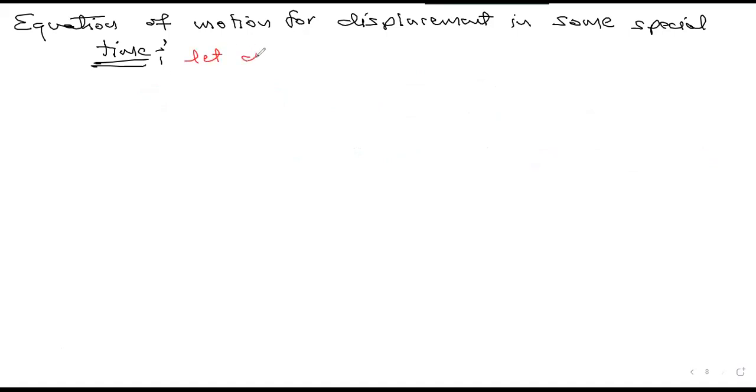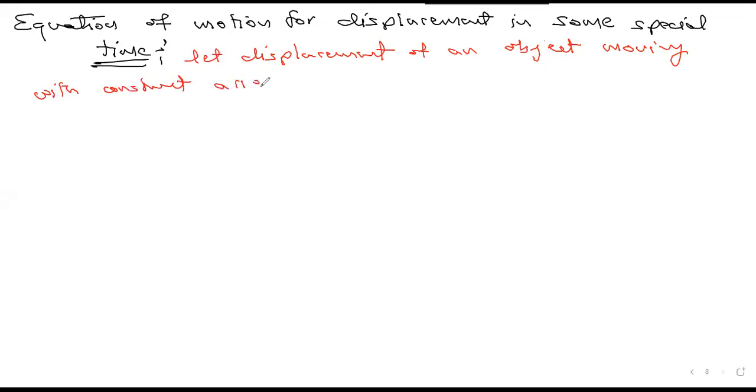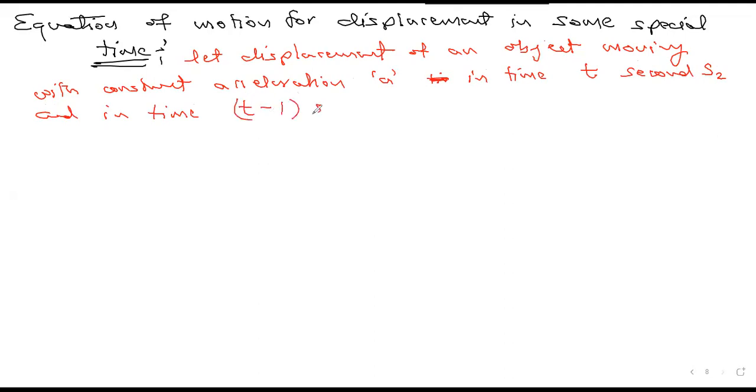Let displacement of an object moving with constant acceleration a in time t second is s2, and in time t minus 1 second is s1.